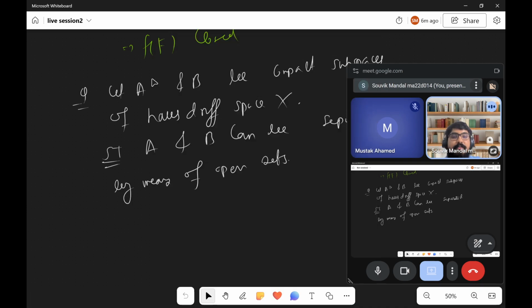A and B compact subsets of Hausdorff space X, so that A and B can be separated by means of open sets.